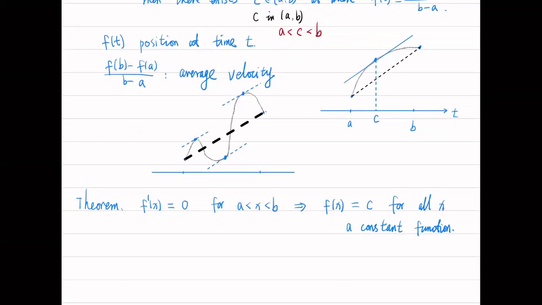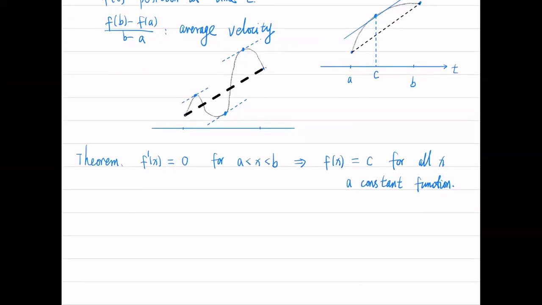How do you prove this? The derivative is 0. Why must it be constant? Let me draw a picture, then we can work on it. A, B. That's f(a).